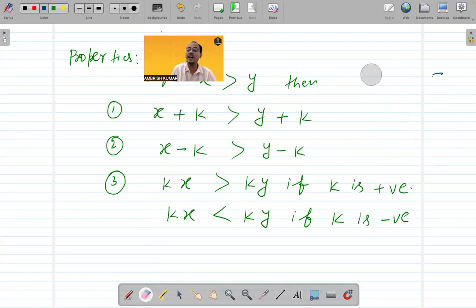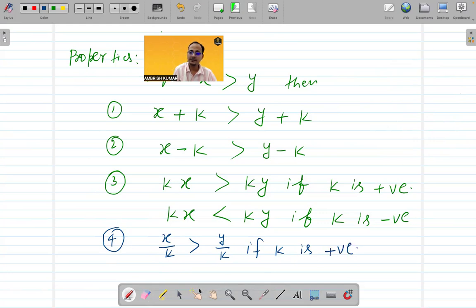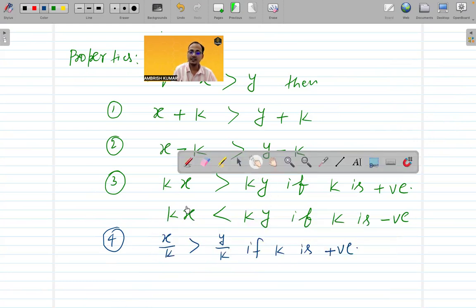Same property we have with division as well. So x by k will be greater than y by k if k is positive, and x by k will be less than y by k if k is negative.